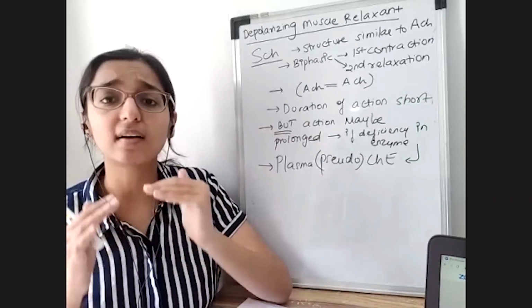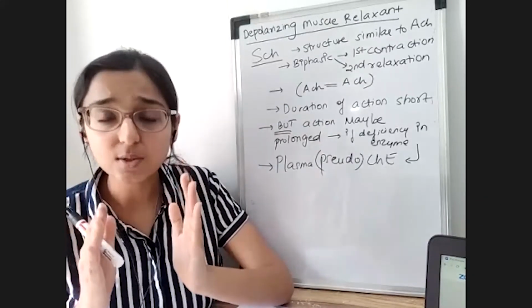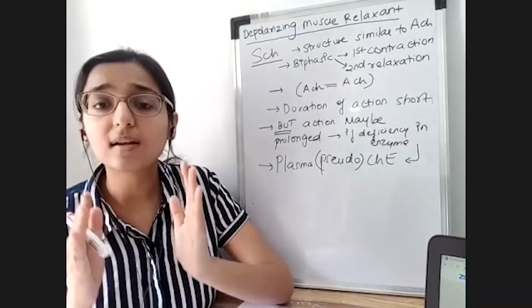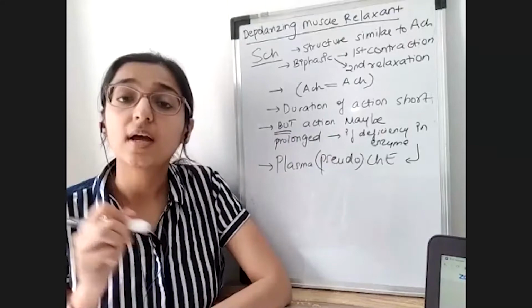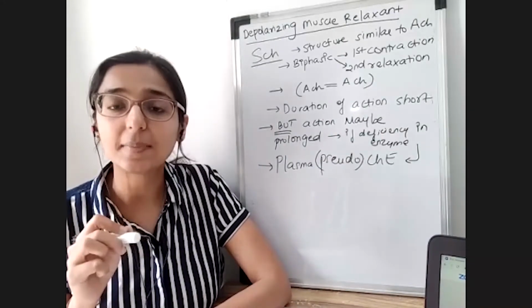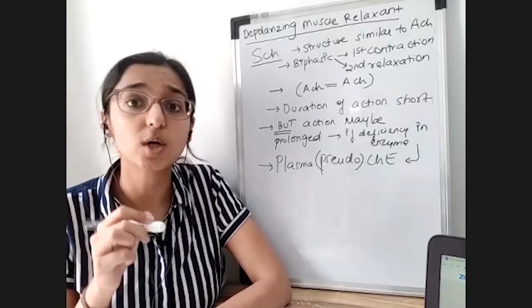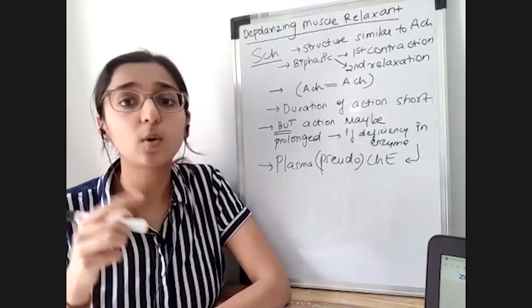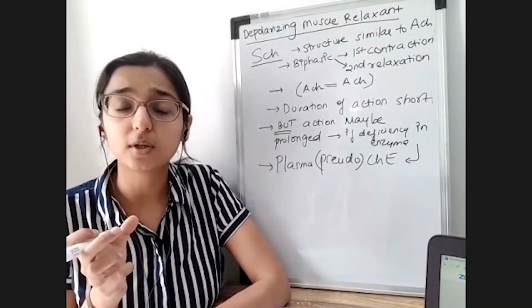As long as succinylcholine molecules exist in the neuromuscular junction, they will repeatedly attach and detach from the receptor. Every time they attach, they will cause a wave of depolarization. At the muscle end plate, they will generate muscle end plate potentials every time they attach, because the receptor will open and cause the inflow of ions.